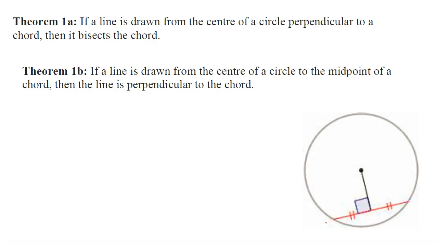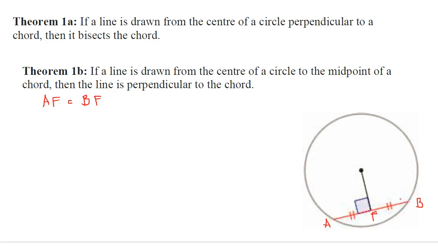If I name this A and this B, and this F, that means AF is equal to BF. They are equal.